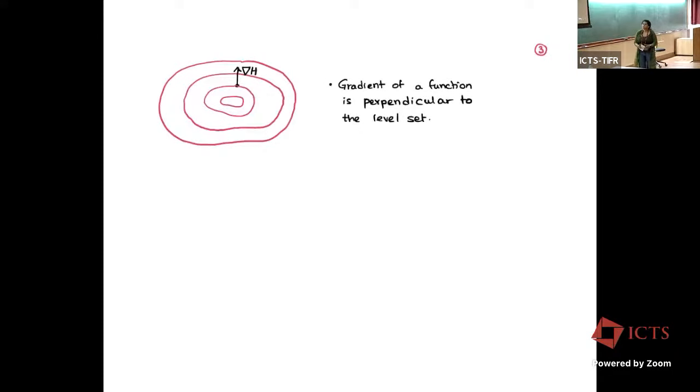Maybe you have heard this, maybe you haven't. It's a known fact that there's a gradient of the function, which is just the two partial derivatives. That gradient vector at a point will be perpendicular to the level set. There I've drawn one picture: there's a vector and it's perpendicular. If you don't know this, this is a fact I'm giving you.